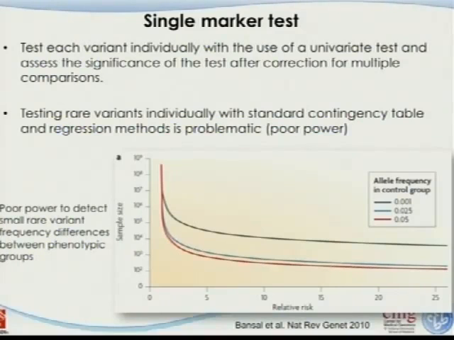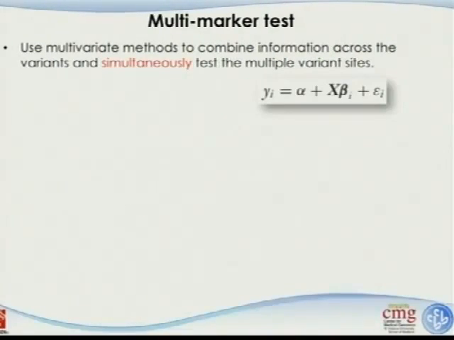However, if the allele frequency is 0.001, which is a rare variant, with a relative risk of 5, you can see that you need over 10,000, 20,000 samples to really identify one small effect. And actually, this is not a very small effect. This relative risk is already 5. So for this single marker test, this will not work.